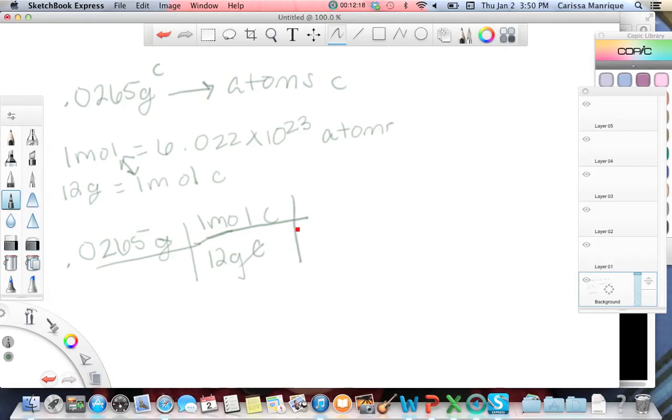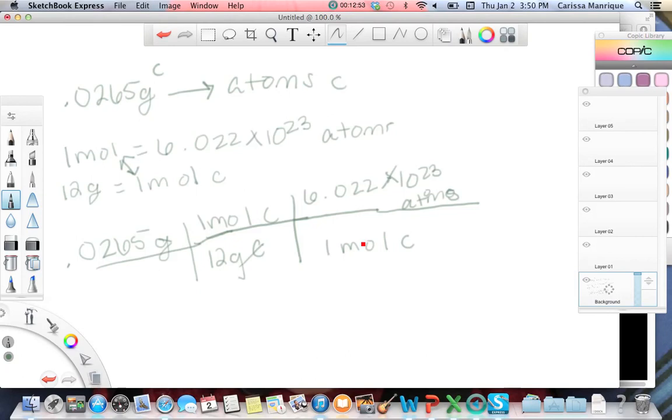Okay, now let's go to our next one. I want to go to atoms now. I'm going to go from mole to atoms. So I'm going to put 1 mole of carbon equals 6.022 times 10 to the 23rd atoms.